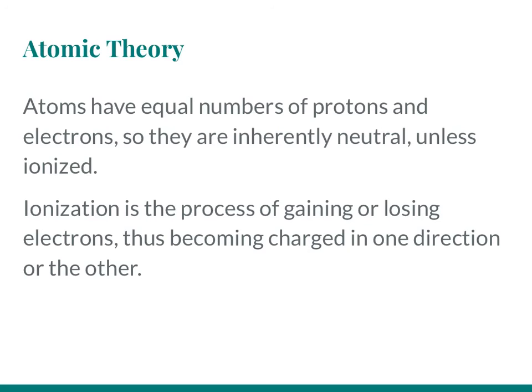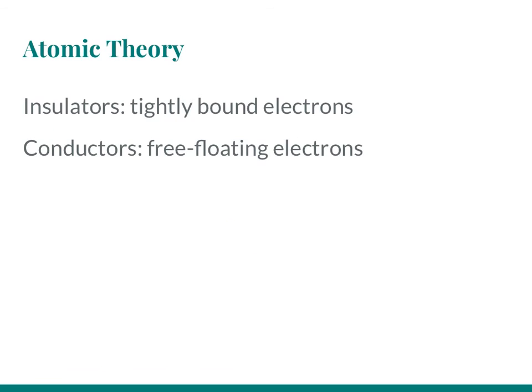If it loses electrons, it becomes more positive. And then in insulators, the electrons are super tightly bound to the nucleus, so they aren't readily gained or lost, and it's really hard to transfer charge through them. However, conductors have lots of free electrons that are easily given away, and that happens with most metals.